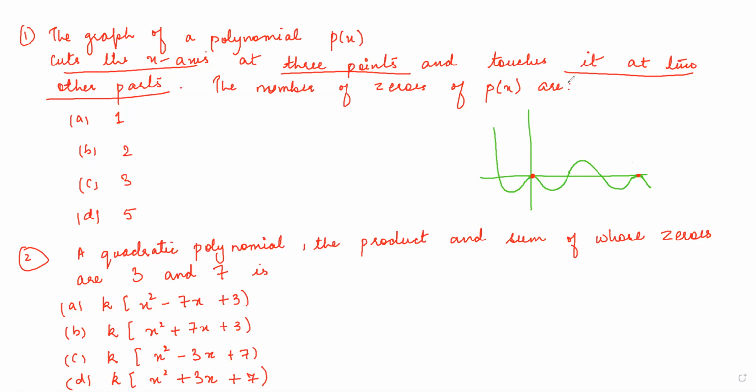Yeah, ma'am. And at 3 points it is cutting. So what are the 3 points? 1 point, 2 point, and the third point. So how many zeros it should have? Five. Martin, what do you say? 5 or 3? I think it's five. Okay, so your answer is 5.